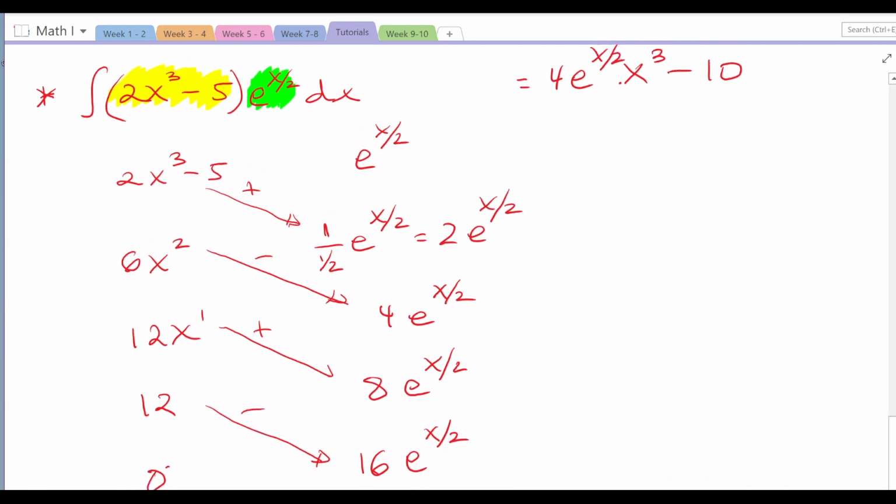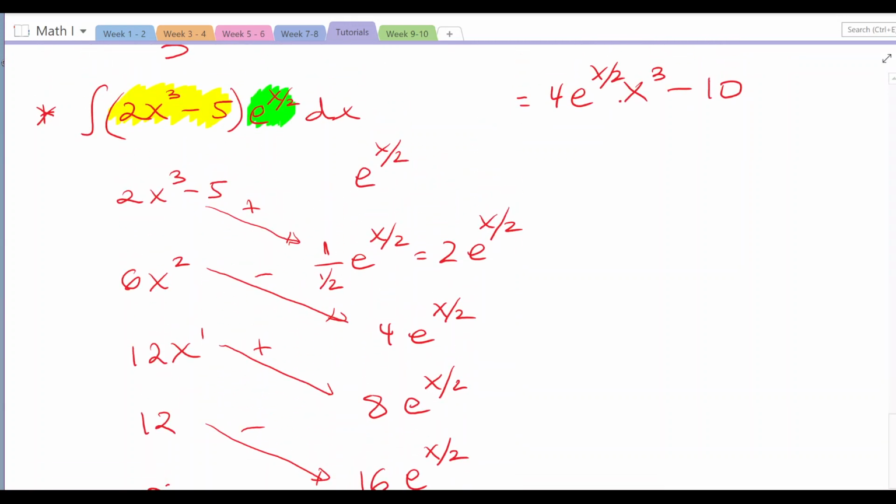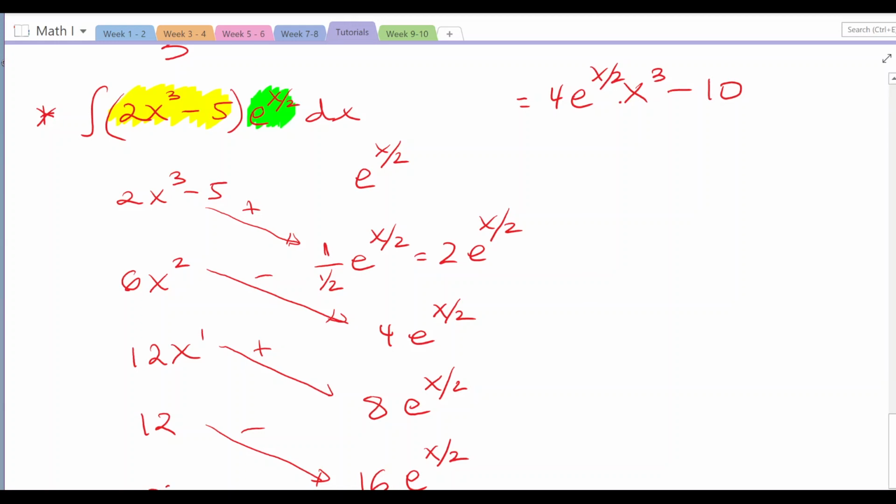Let me just put it below there, sorry about that.